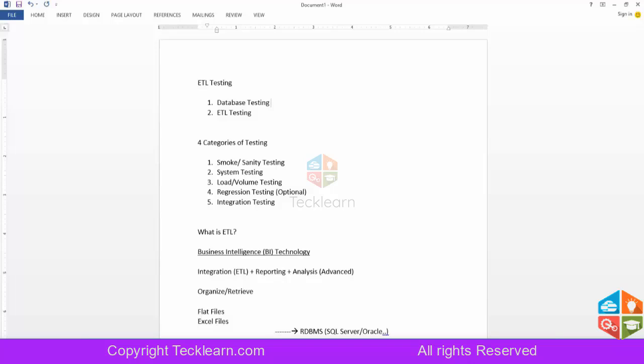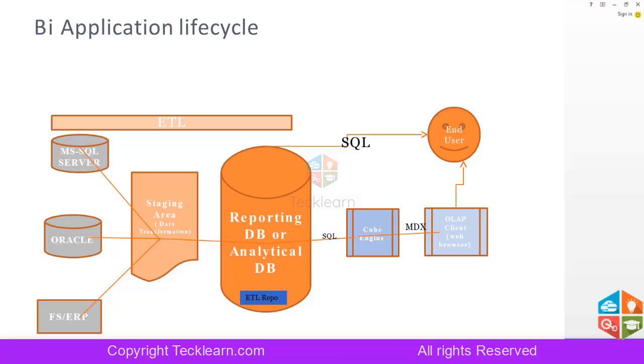I hope I have made the business intelligence technology concept clear. This diagram will help in understanding it better.